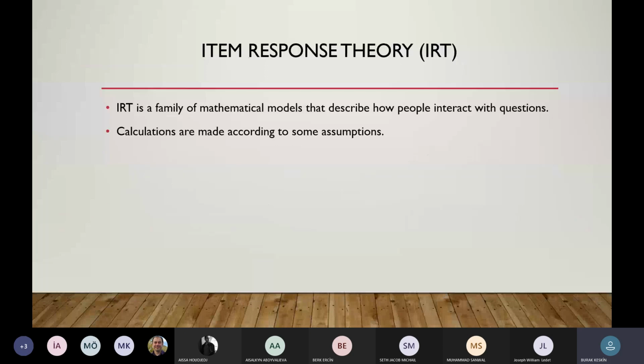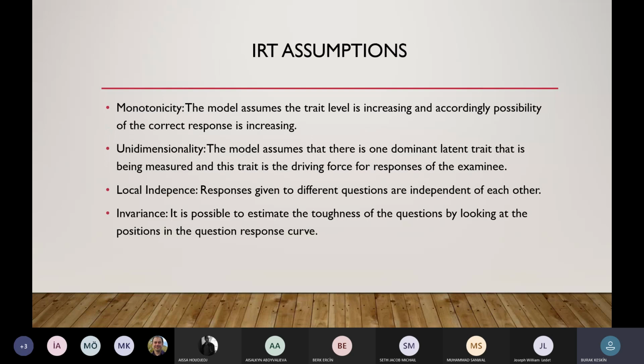Item response theory, this is the important part for computerized adaptive testing. It's a family of mathematical models that describe how people interact with questions, but we should make some assumptions before doing those calculations. The first assumption is monotonicity. We assume that the ability level is increasing according to the correct responses.